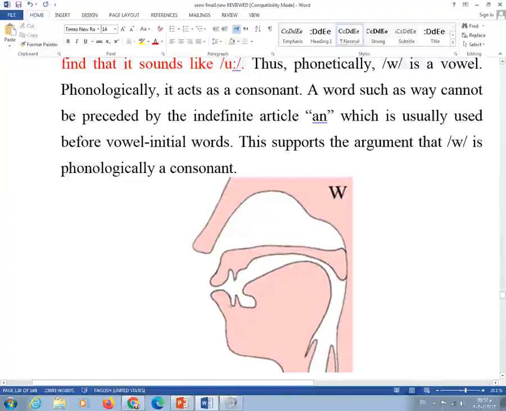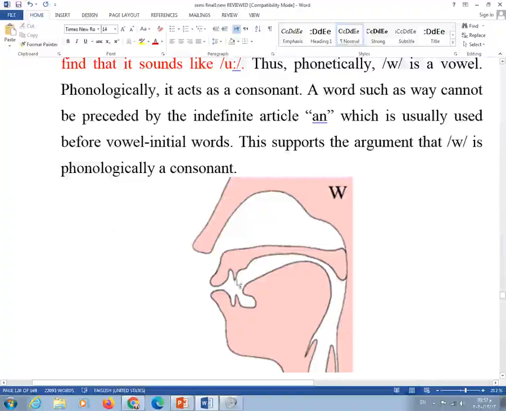It's through the oral cavity, with the two lips drawn together but not closing the air stream. They are rounded, just slightly pushed together, and air is going freely, just like any vowel.